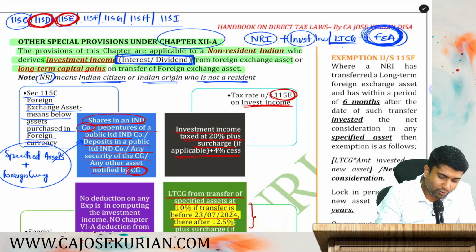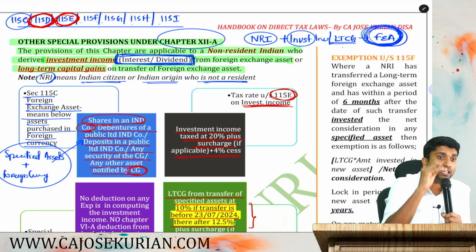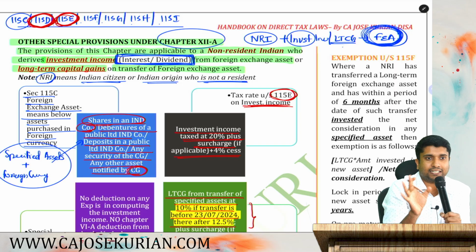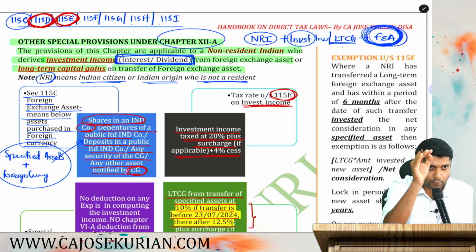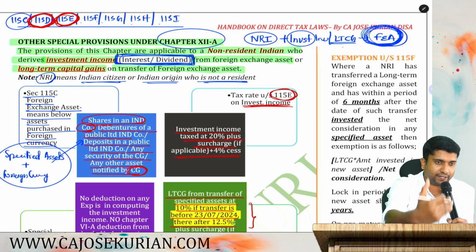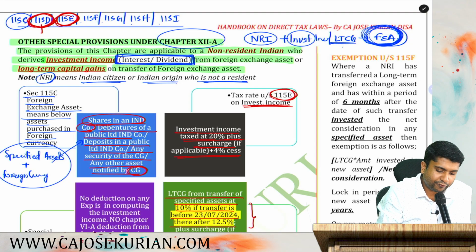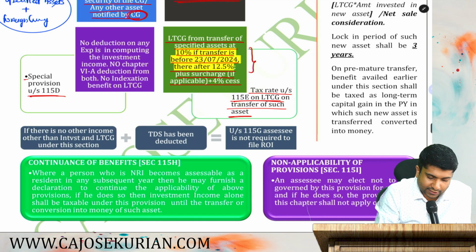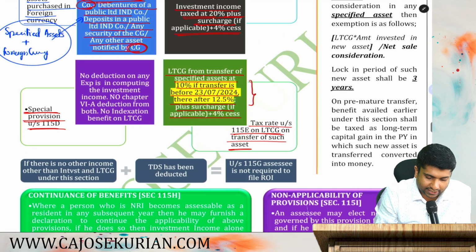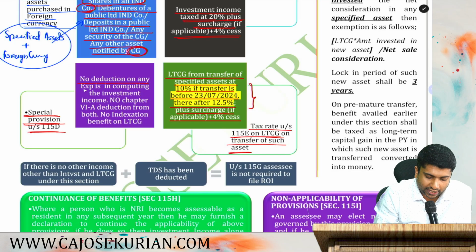115D talks about certain conditions while computing the income. Certain expenses are not deductible, and there are certain other conditions that you have to follow while computing the gain or the investment income. So let's understand what is 115D. 115D is a special provision. What is that? No deduction on any expenses while computing investment income.